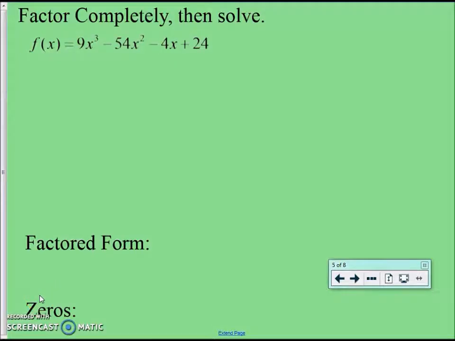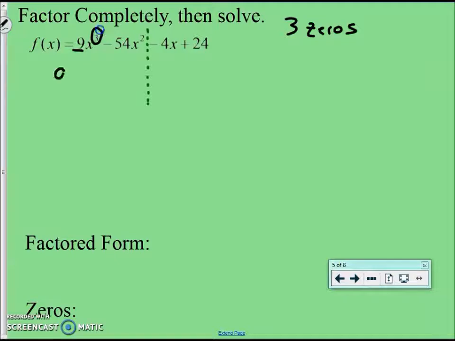All right, for our third example, again, we see another 4-term polynomial. We have x cubed, so we'd expect 3 zeros here. We have a leading coefficient of 9, but there's still the 4 terms, so we're still going to factor as we've been doing, by factoring by grouping. I look at 9 and 54, and I try to find the greatest common factor between 9 and 54.